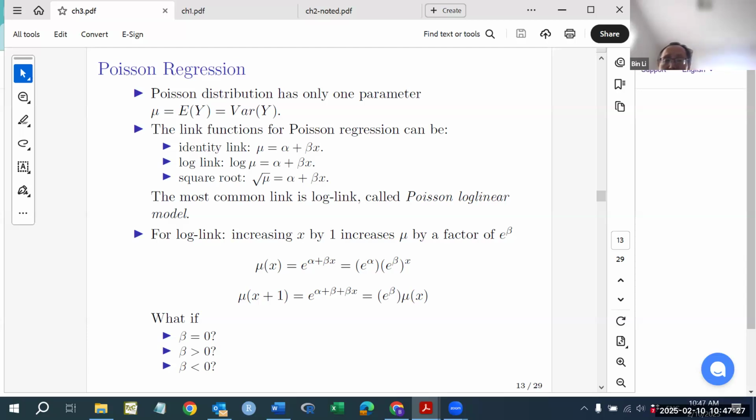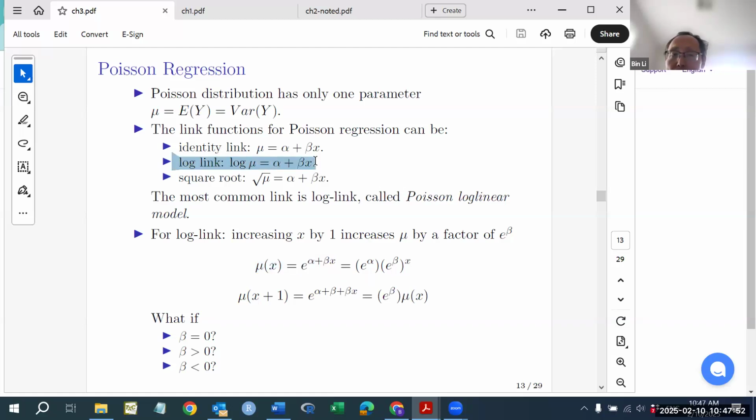Okay, so for the log link, let's see if x increases by 1, from x to x plus 1. What is the difference for the model? Let's say mu x is e to the alpha plus beta x, right? That's the log linear model.